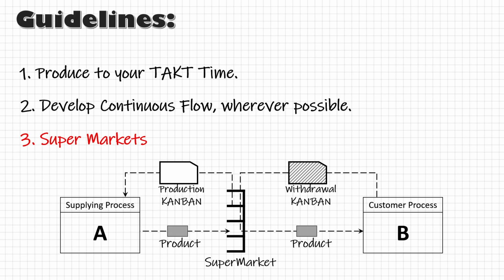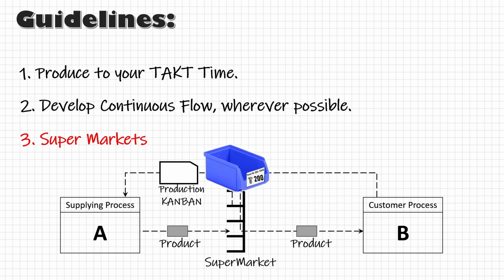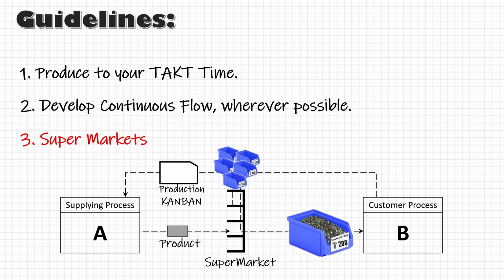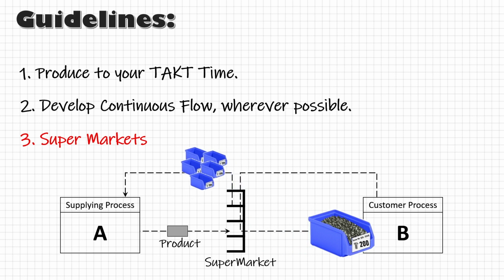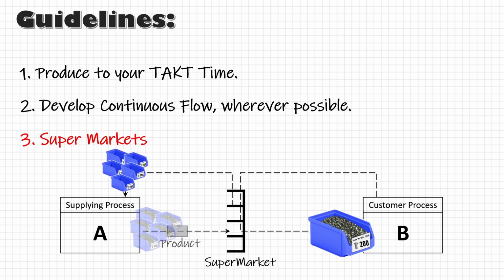In industries, a normal practice is to use bins with tags in place of a shopping list. So the customer approaches the supermarket with empty bins with tags, places those empty bins in the supermarket, and then picks up whatever material he needs and whenever he needs. At the end of the day, the supply process picks up all the empty bins and then replenishes whatever was there in those empty bins.